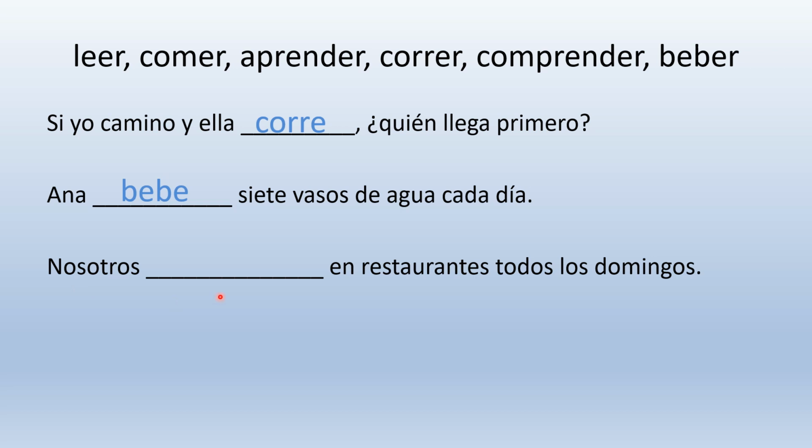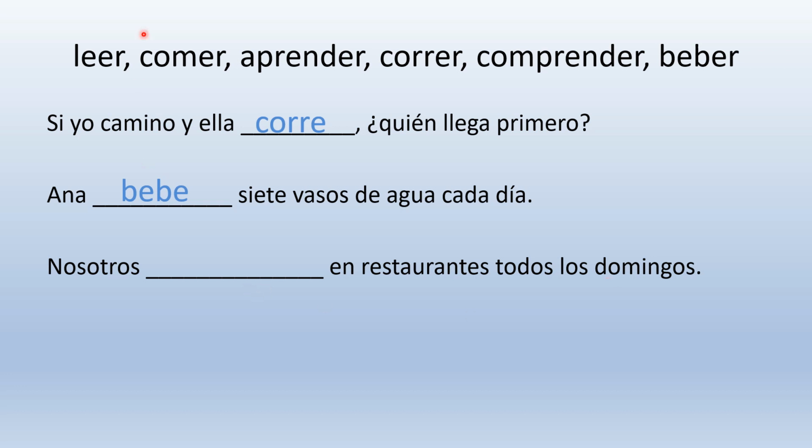Nosotros, blank. En restaurantes, so we, blank, in restaurants, todos los domingos, all the Sundays, or in other words, every Sunday. And no, that's not a typo. The days of the weeks are not capitalized in Spanish as they are in English. So going back to our verb, what do we do in restaurants?